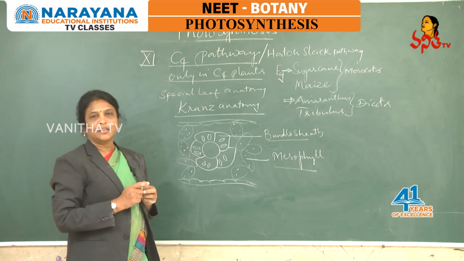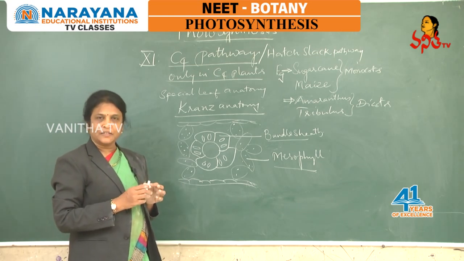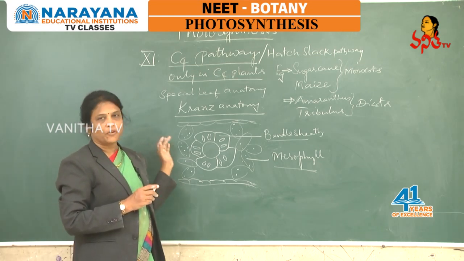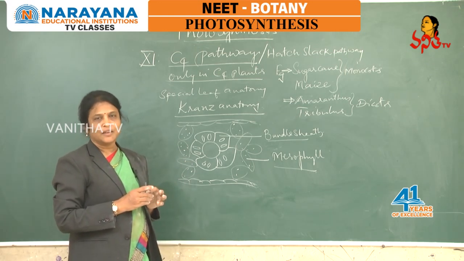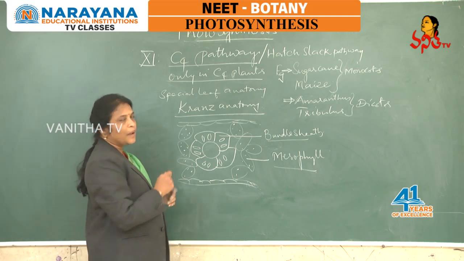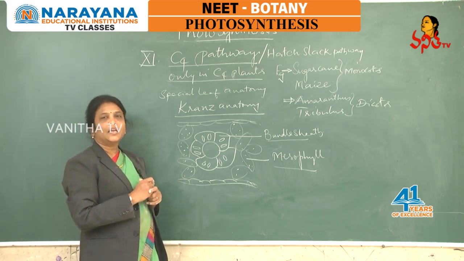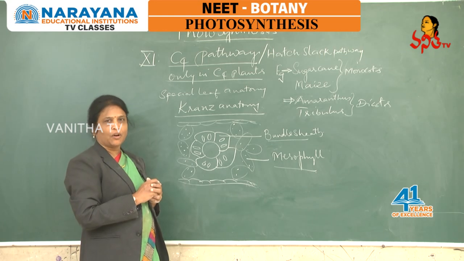Based on the dark phase reactions, we categorize the photosynthetic plants into two types, that is C3 plants and C4 plants. C3 plants perform only Calvin cycle reactions during the dark phase.